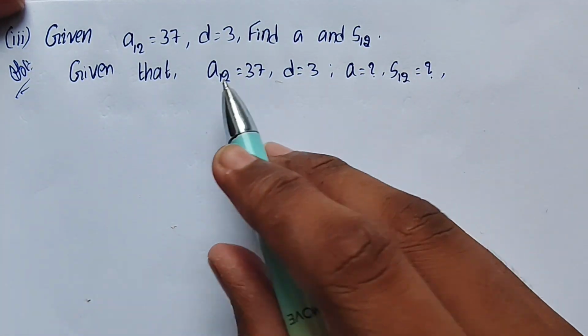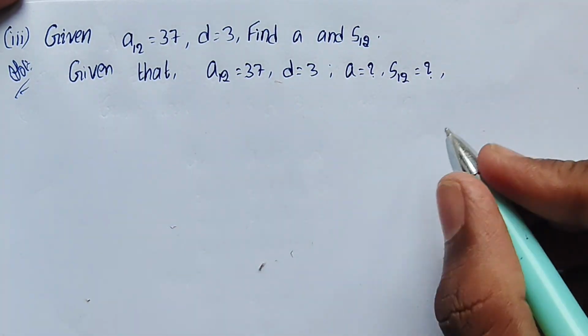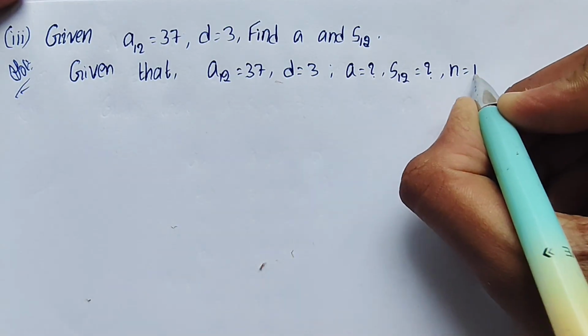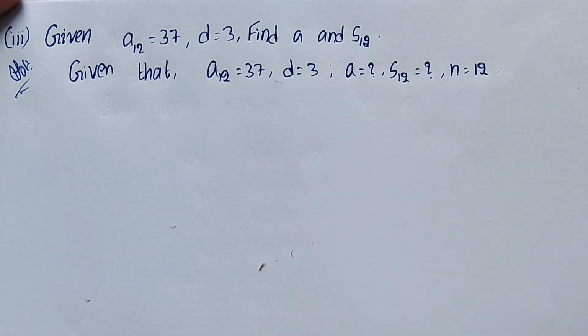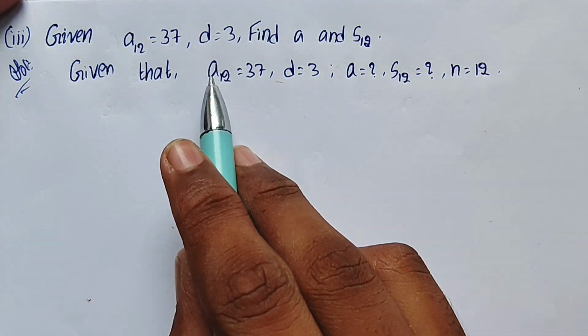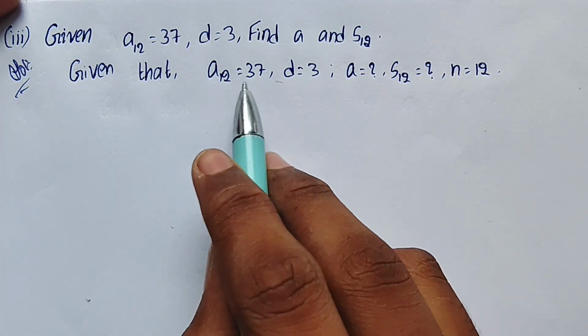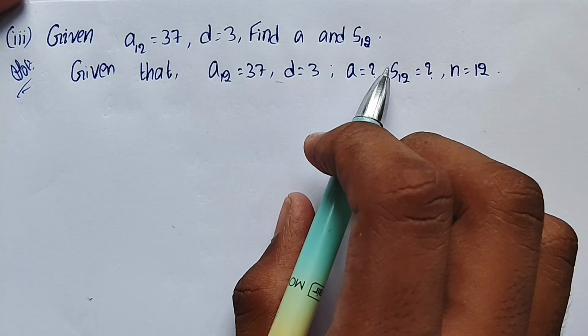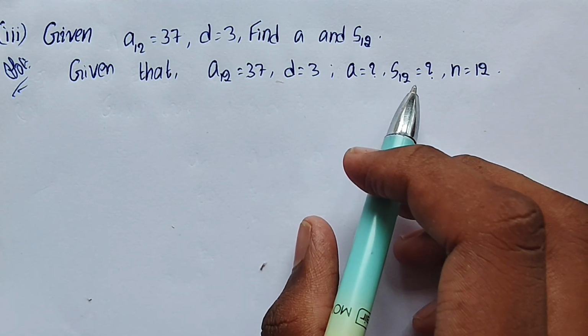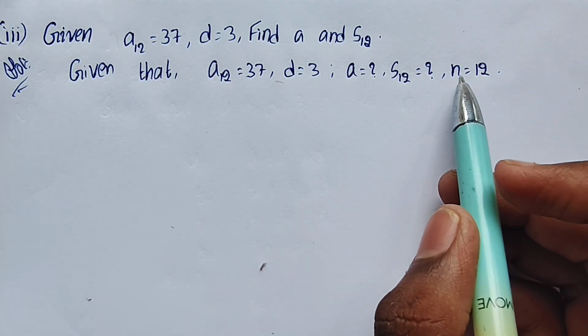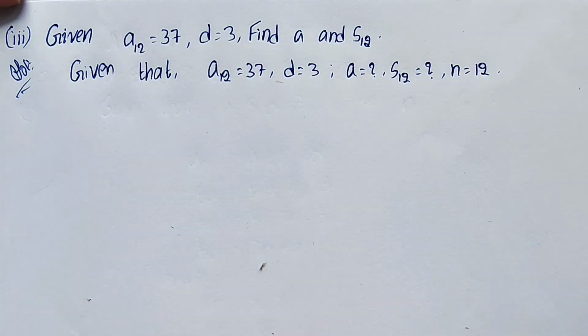They also gave the value of n, that is n is equal to 12. I take n is equal to 12, since he gave the 12th term is 37 and asked to find the sum of 12 terms.